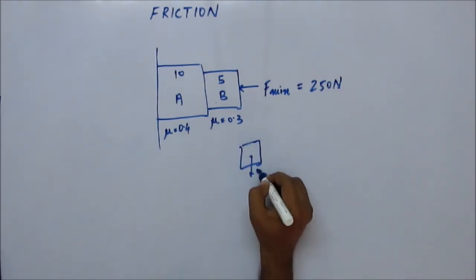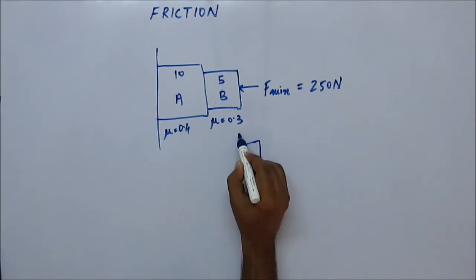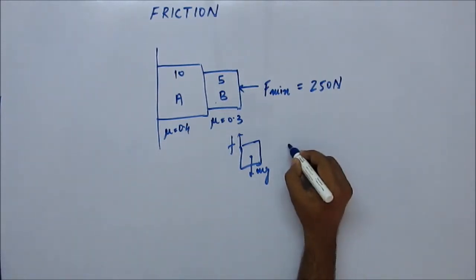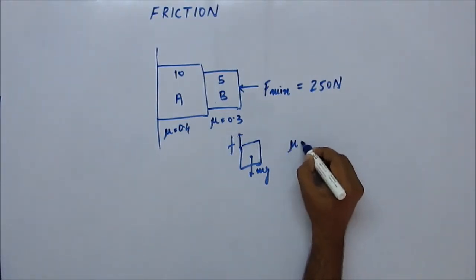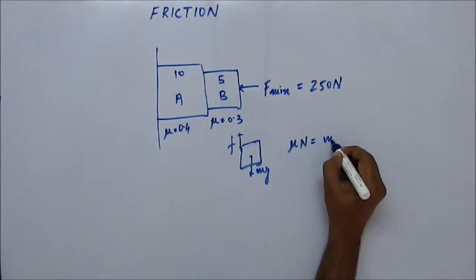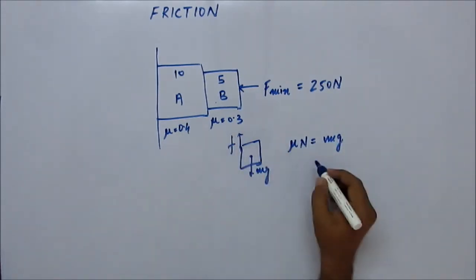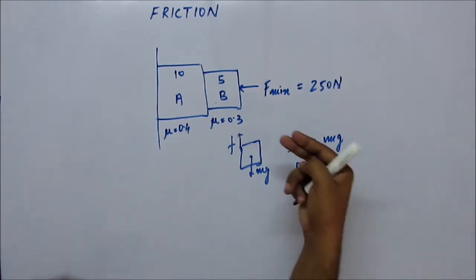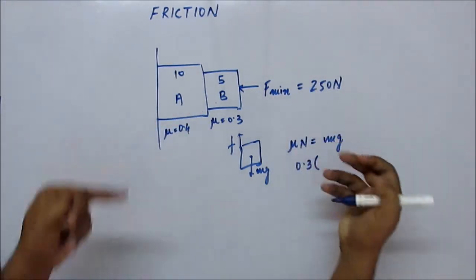mg is acting downward on block B and the friction force would be acting upward. So the friction force should be equal to mg. Now friction force is mu times normal reaction and that should be equal to mg. Mu for this surface is given as 0.3 and the normal reaction would be the same as the applied force.